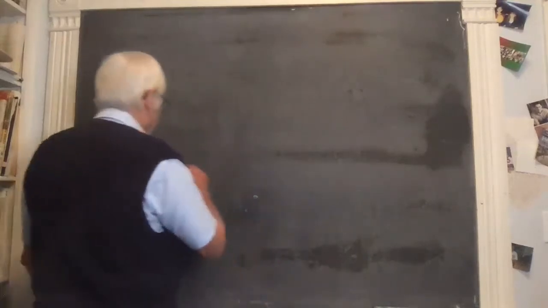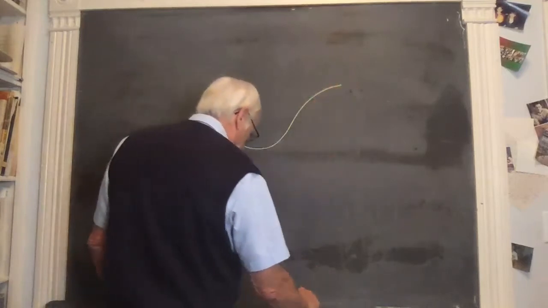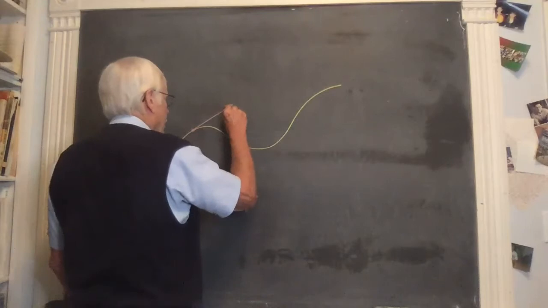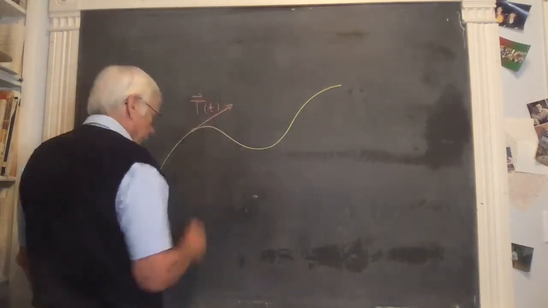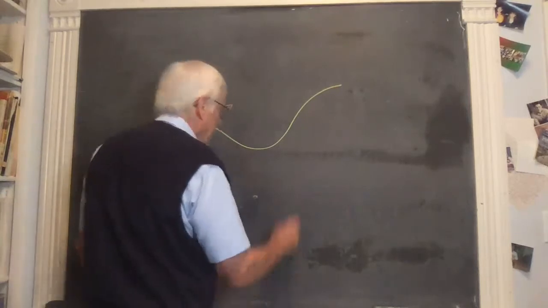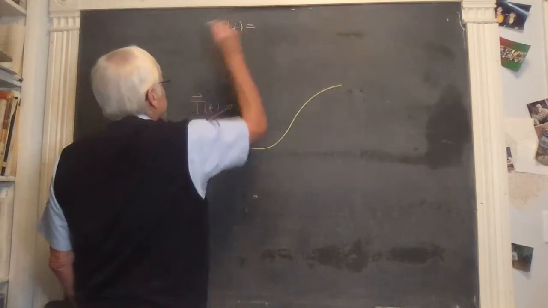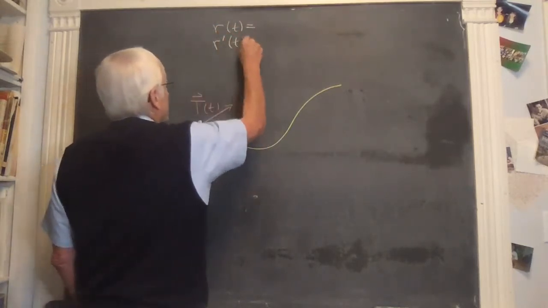And last time we talked a little bit about a curve and finding this unit tangent vector T of t. We've got the curve r of t given by some formula. r prime of t is the velocity.